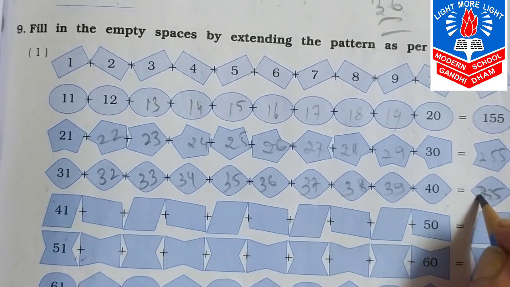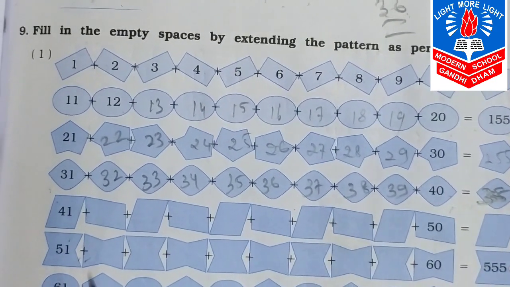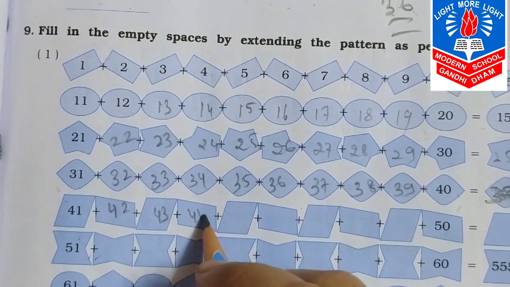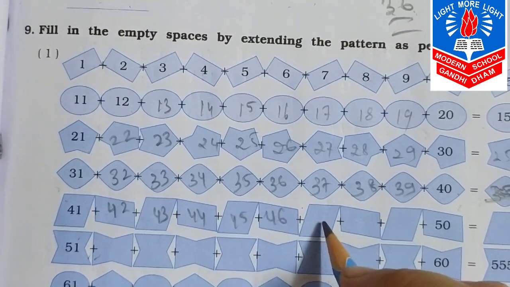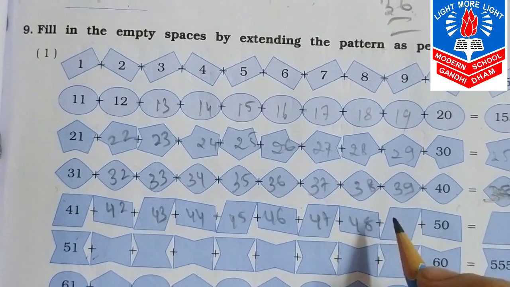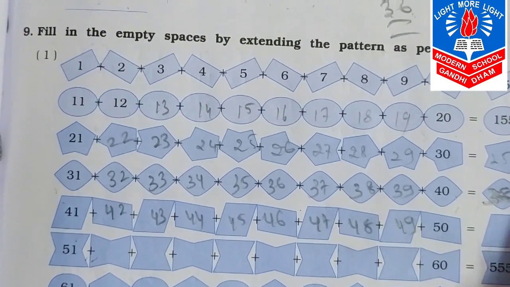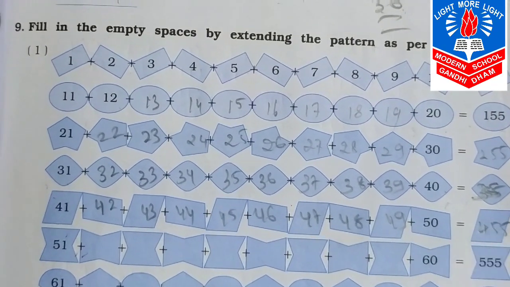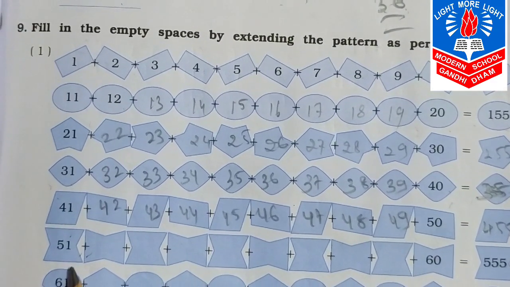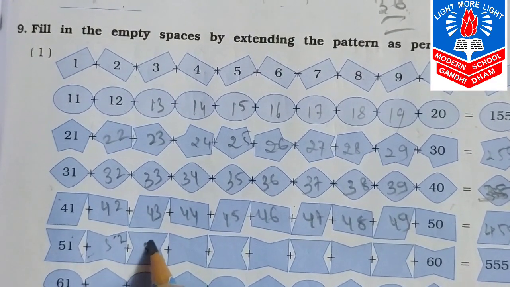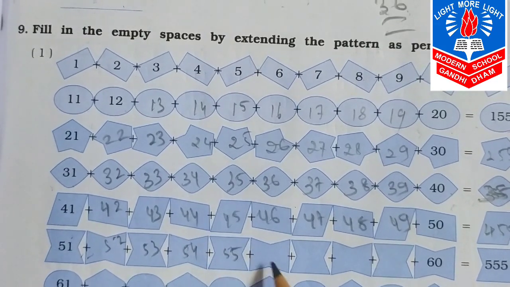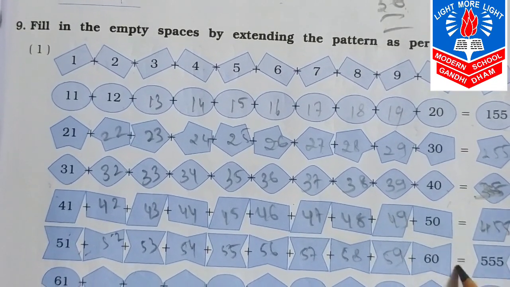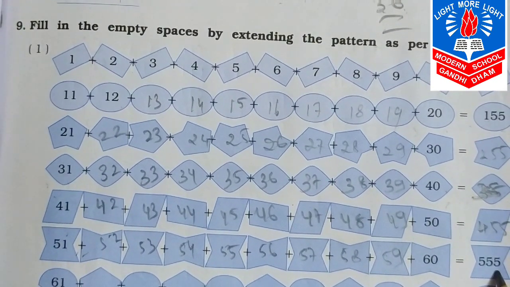355. 355 then 41 42 plus 43 44 45 46 47 48 49 plus 50, 300 था तो इधर कितना हो जाएगा अगेन 455. Then 51 plus 52 53 54 55 56 57 58 59 plus 60, here is given 555.